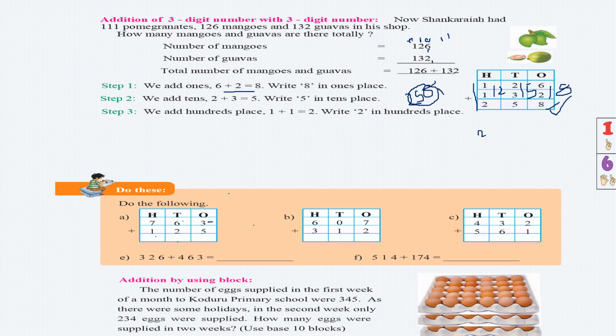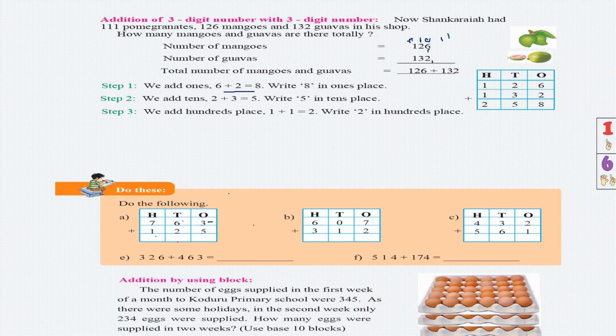Now you got 258, correct? Now if the third number is 132, you can add it, right? If you divide and add, you can easily add, because now you understand the concept of adding two numbers. Similarly, 3 numbers also you can add the same way.